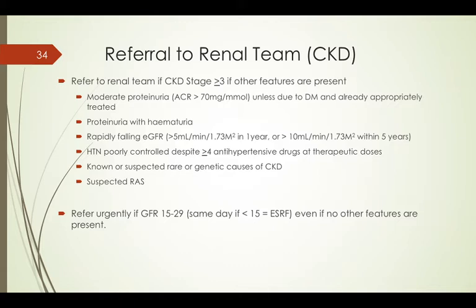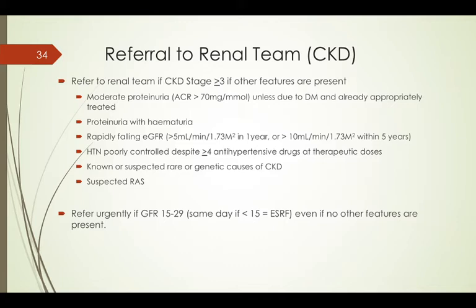Proteinuria along with hematuria, a falling GFR of more than 5 mL per minute per 1.73 meters squared in a year, or more than 10 mL per minute over 5 years. Poorly controlled hypertension despite all the antihypertensive drugs that you follow on the algorithm.